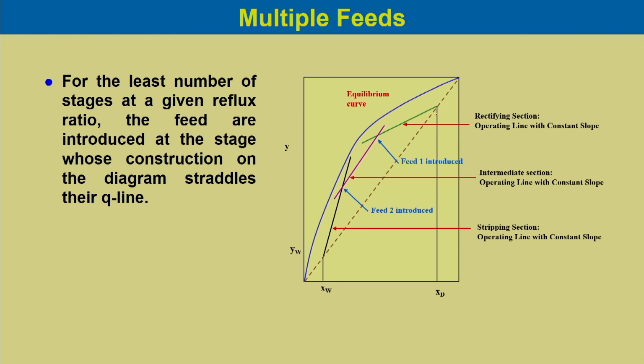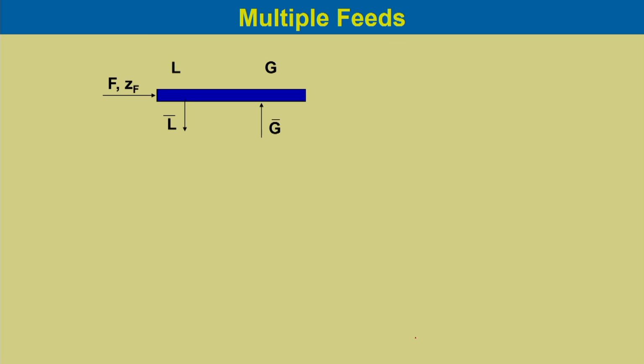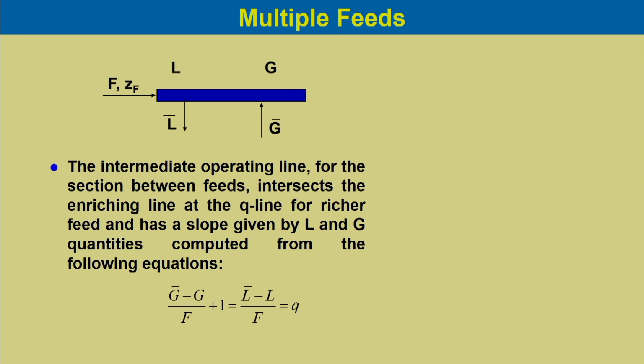First we have to draw the operating line for the rectifying section, considering the starting point and the intercept on the y axis, and then based on the feed condition we can draw the feed line equation, and similarly we can draw the feed line for both the sections, both the feed Q lines, which is shown over here.